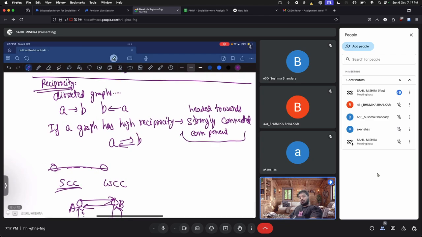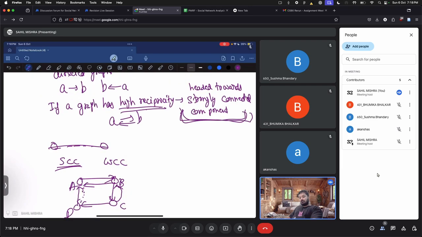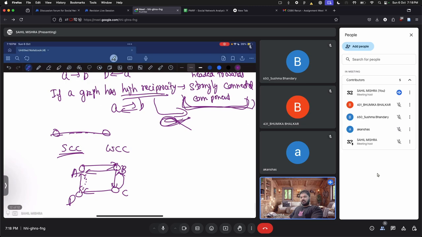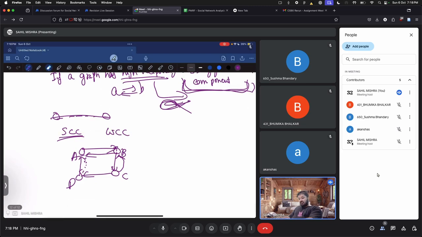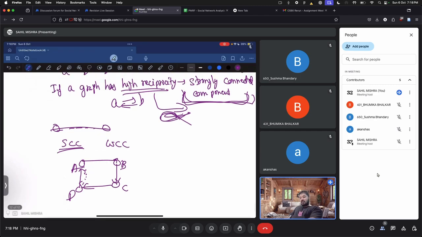So that's what I said. It might not be a completely high reciprocity graph if it's a strongly connected component, but they are generally proportional to each other. Okay. High reciprocity is always proportional to a strongly connected component. If I use this cycle here, I can go from any node to any other node, like from B to D, from D to B, but it doesn't mean it's a high reciprocity graph.